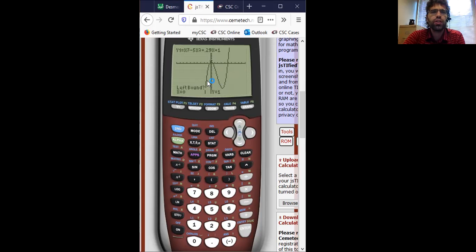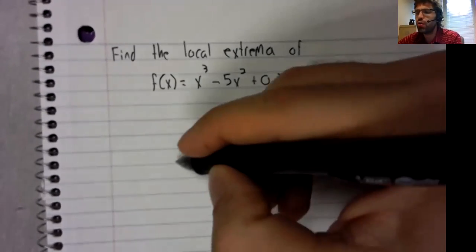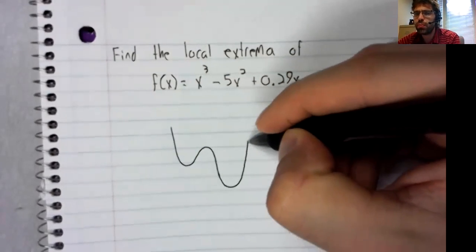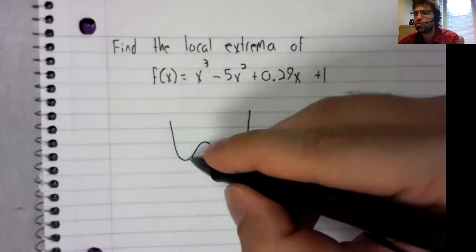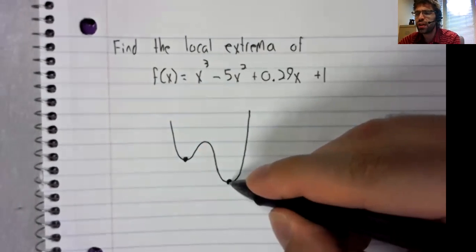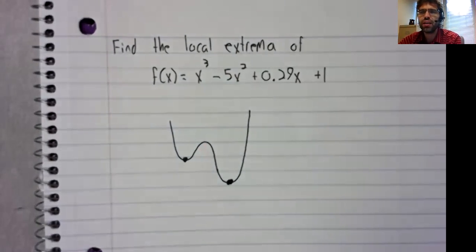Now our calculator is going to ask us for some stuff. You see a left bound here. The thing is that a graph might have more than one local minimum. Like this graph has a local minimum here, and it has a local minimum here.